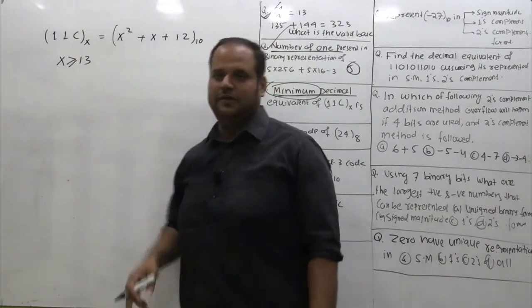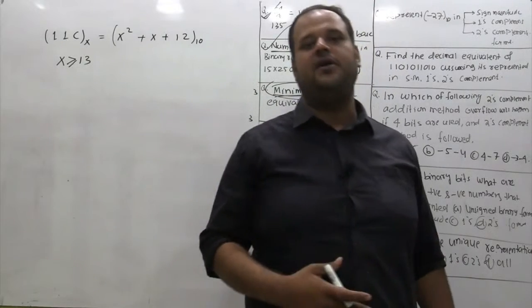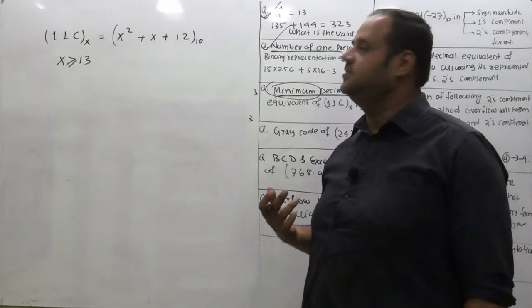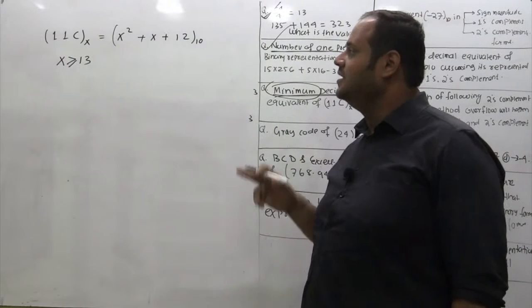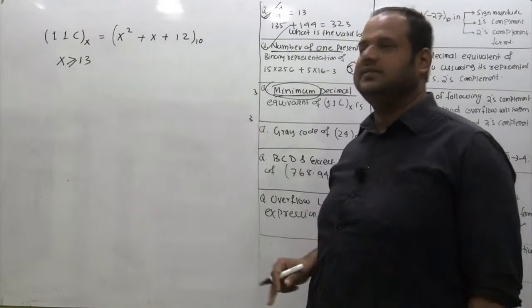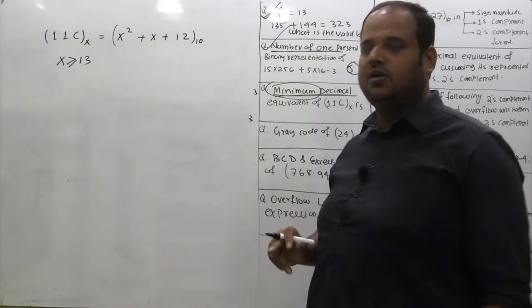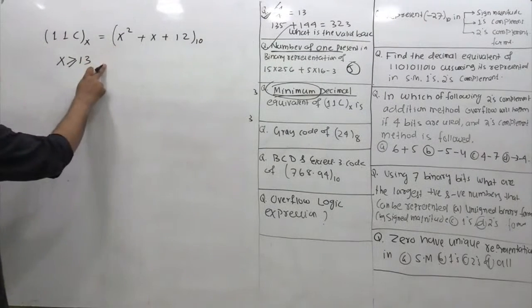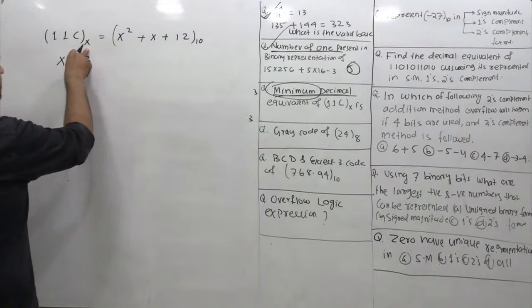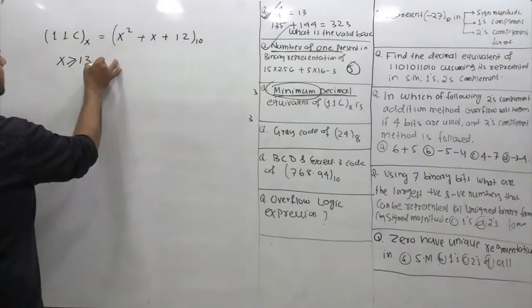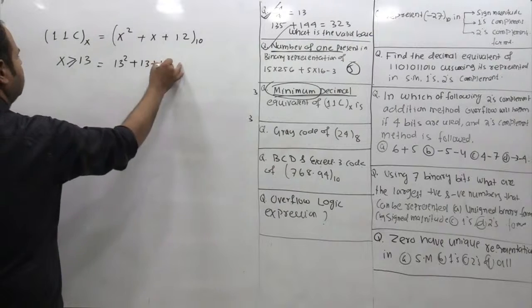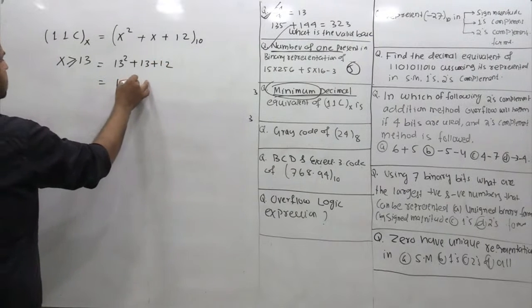There is a general misconception: because a, b, c, d, e, f are used in the base 16 number system, some people directly assume the base is 16 by observing c and find the answer, but that's not correct. In this case, x can be greater than or equal to 13. Any value greater than or equal to 13 is a valid base. Because I need the minimum answer, simply take x as 13 and solve it. So this comes to 169.